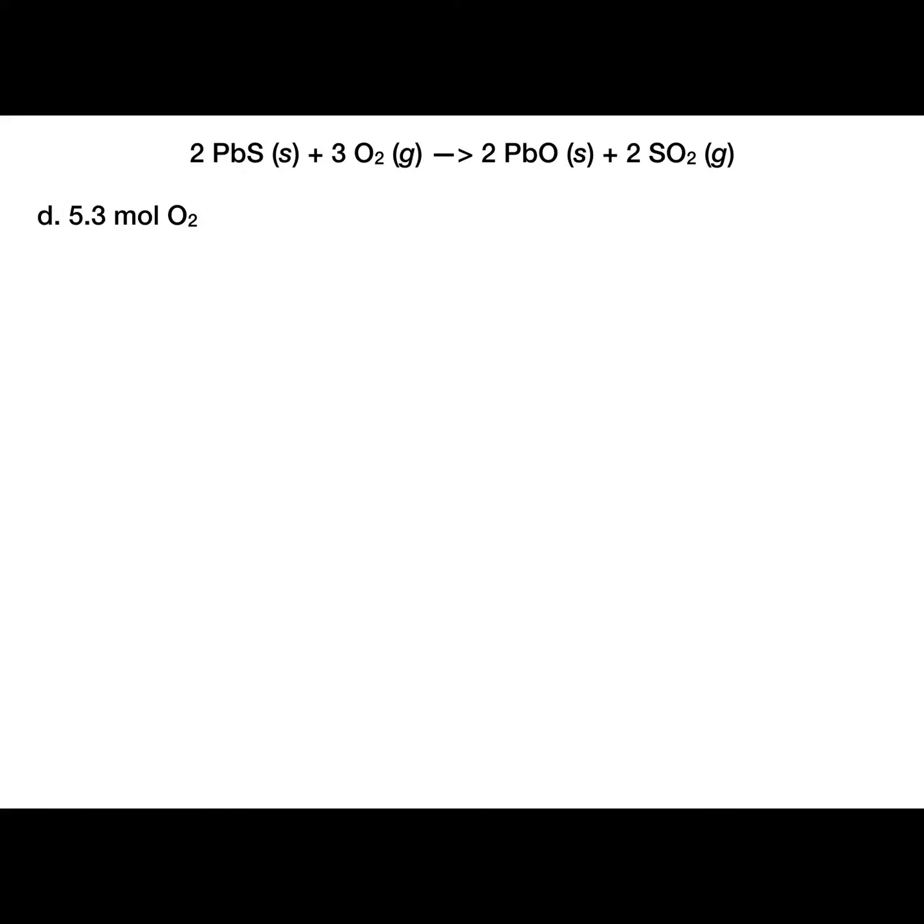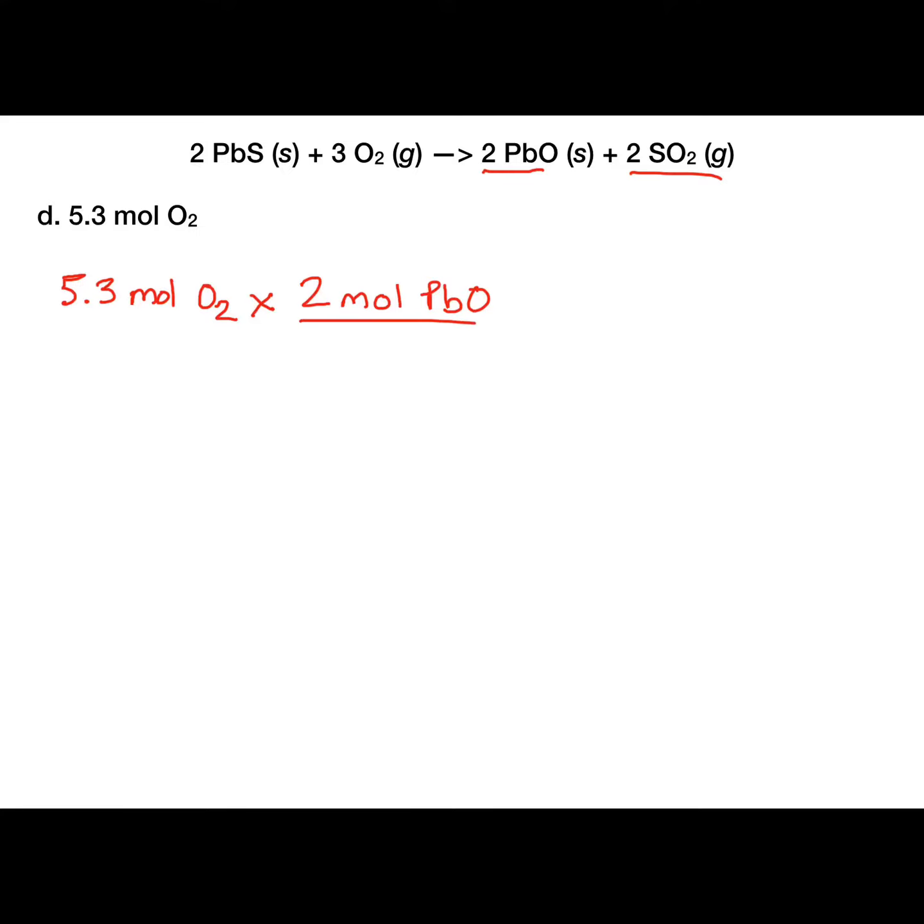Last, it gives us 5.3 moles of oxygen gas. So the same thing, we need to figure out how many moles of PbO are formed and how many moles of SO2 are formed. Okay, so let's start with what we're given, which is the 5.3 moles of O2 times, there's 2 moles of PbO for every 3 moles of oxygen gas.